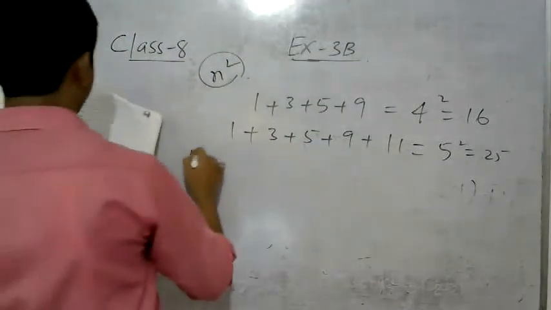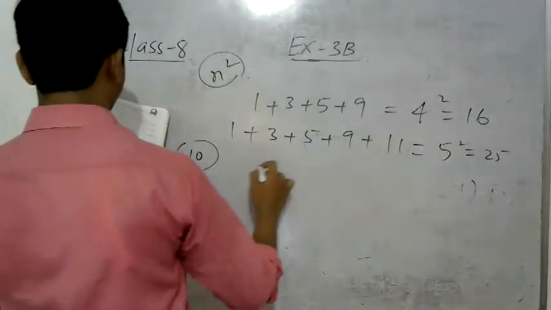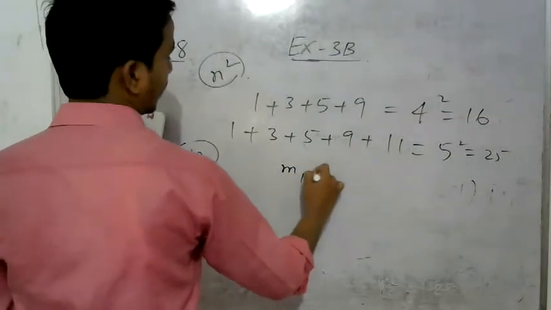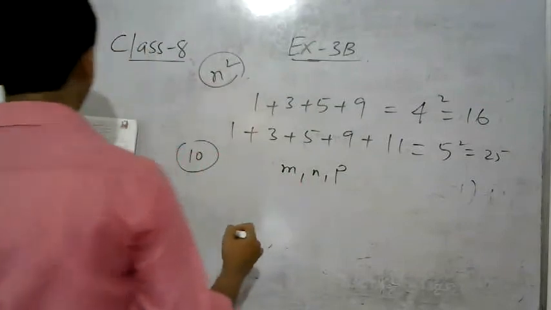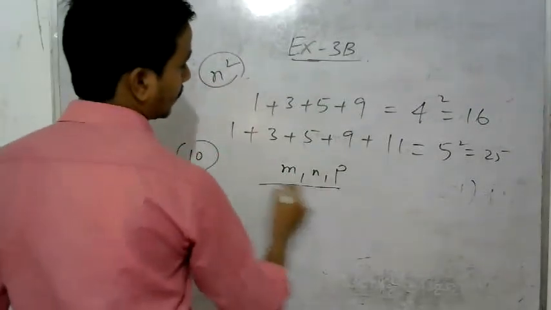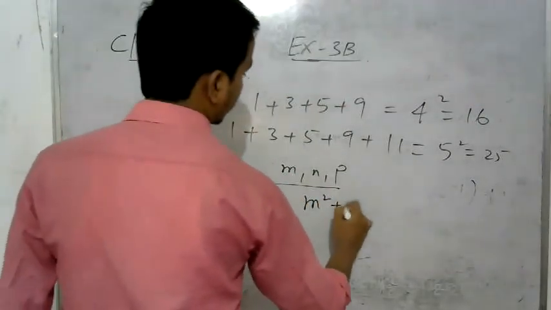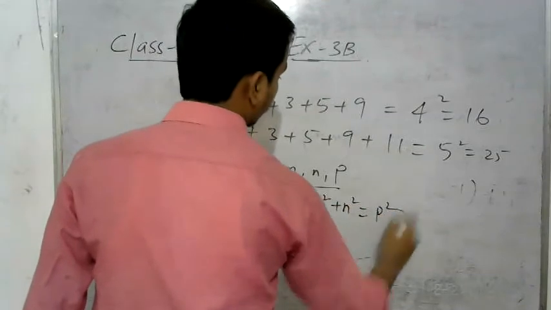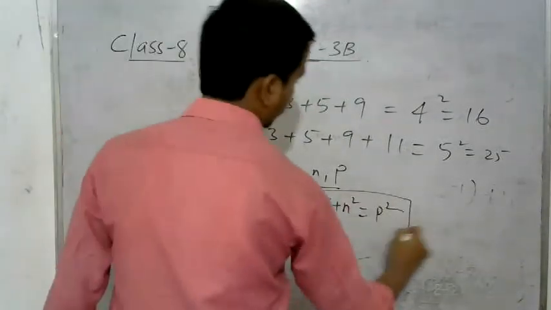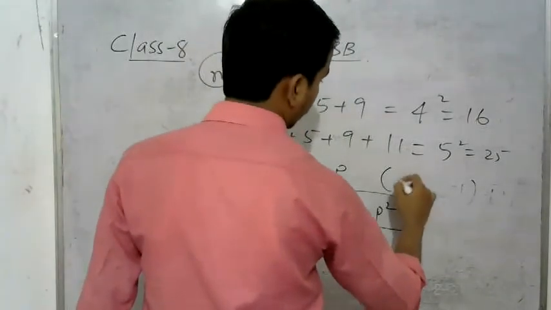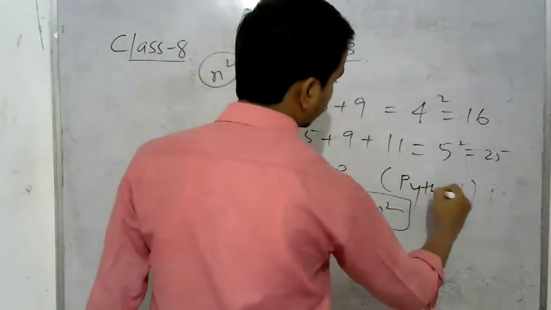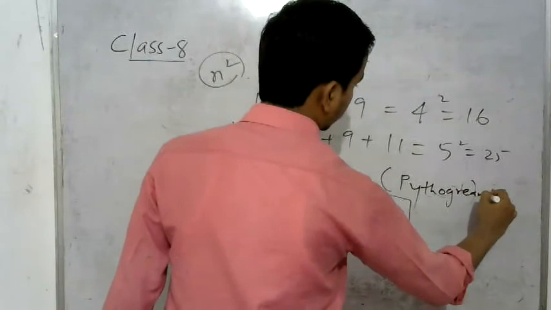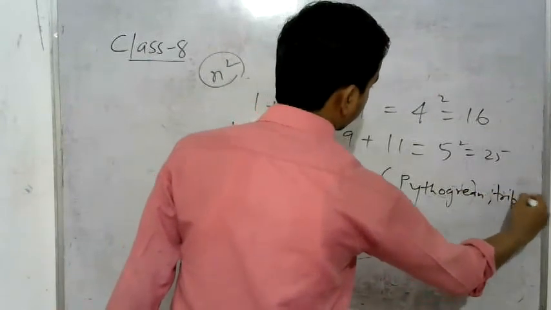Now property number 10 is Pythagorean triplet. Suppose m, n, p are 3 natural numbers. They are said to be a Pythagorean triplet if m square plus n square equals p square. If this property is followed, then we say that m, n and p are a Pythagorean triplet.